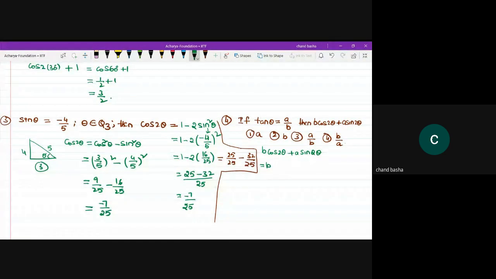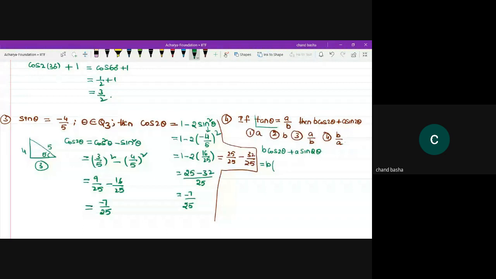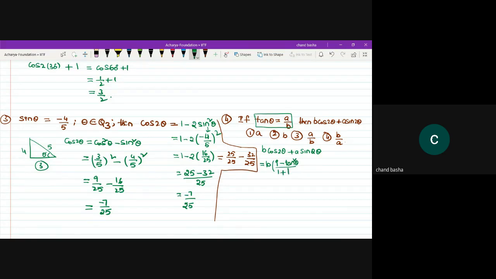You know cos 2 theta, I can write in terms of tan, because he has given tan. So you can make use of multiple angles in terms of tan only. I can write it as 1 minus tan square theta divided by 1 plus tan square theta.